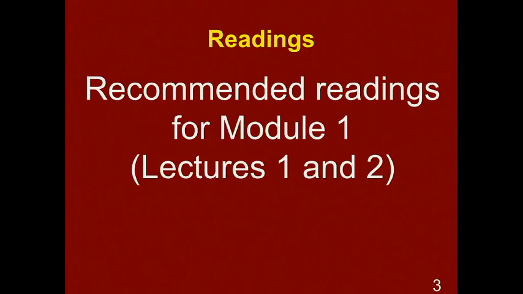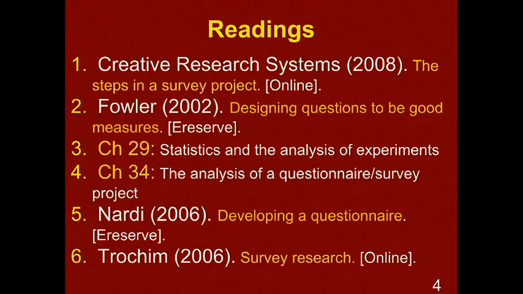So as I said earlier, this set of readings is actually for this lecture and the next lecture. I've pointed to these online. The Creative Research Systems Steps in a Survey Project. Simple, general, useful reading. The Fowler reading gets more into the nitty-gritty of good questions, bad questions, etc. And from the Fowler textbook, there is a little bit of information in chapter 34 in particular about analysing survey data.